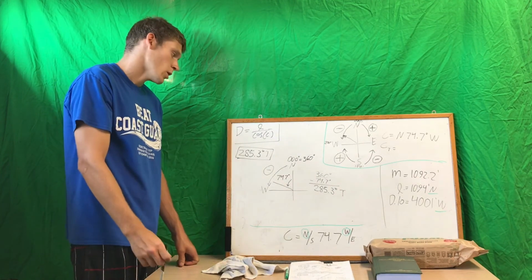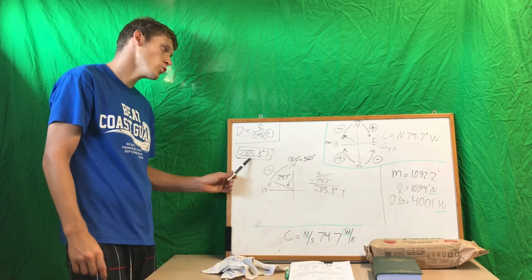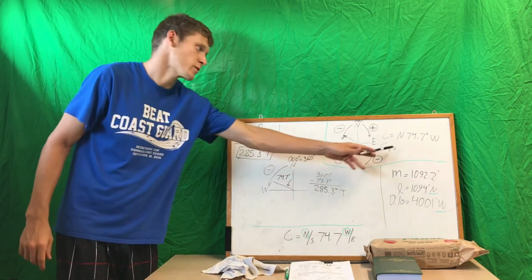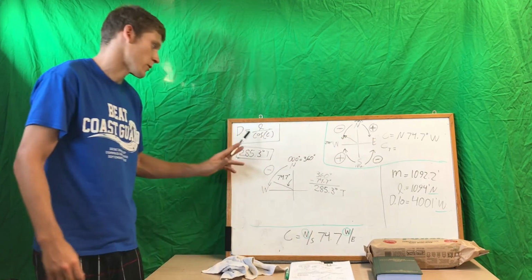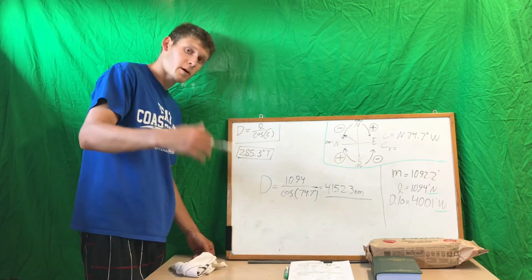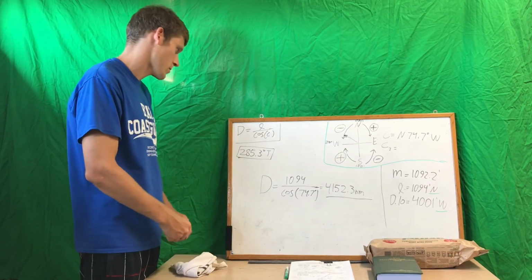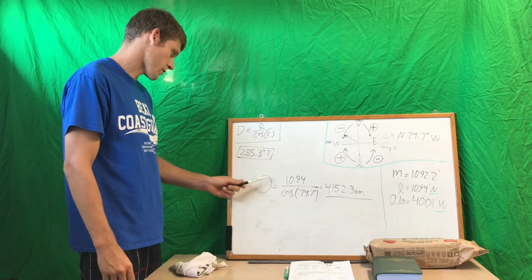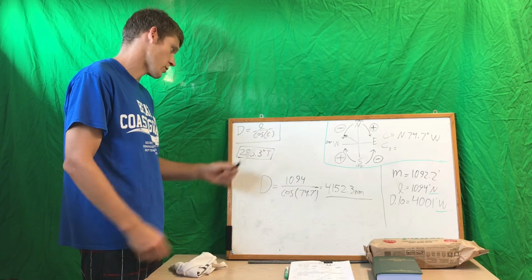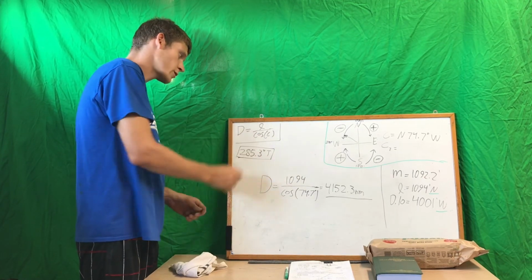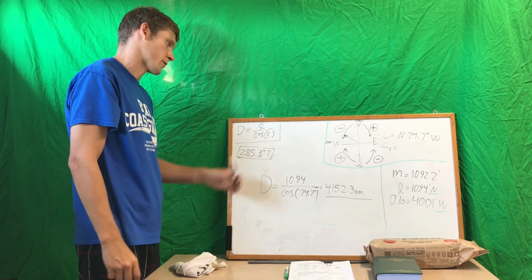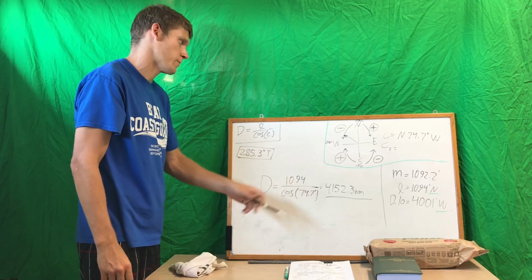So now we're going to take not our true course, but the course we solved for on a tangent to find our distance. So now for part two of the plug and chug. So we know that our distance equals our change in latitude divided by our cosine of our course that we solved for.